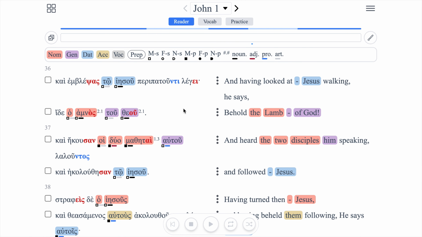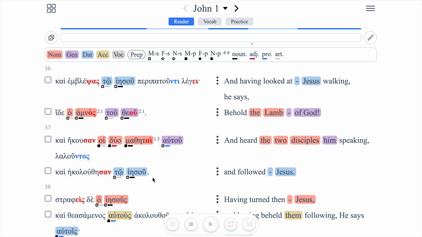Lastly, there are some verbs that don't follow a neat rule, but just prefer that they are followed by the dative. In verse 36, we have Geemvlepsas to Jesu, and having looked at Jesus. Even though Jesus is in the dative, we wouldn't translate this as looked to Jesus. That would mean something different. And Jesus isn't really receiving anything. So why is this in the dative? There's a similar example in 37.